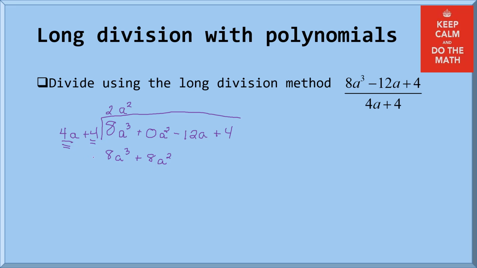Now I have to subtract this line. By subtracting, I'm subtracting this term here and this term here, so I'm changing their signs from positive to negative, because this now reduces to 0. The second term, 0 minus 8, is going to give me negative 8a squared. Now I have 2 terms, so I need to bring down the next term.